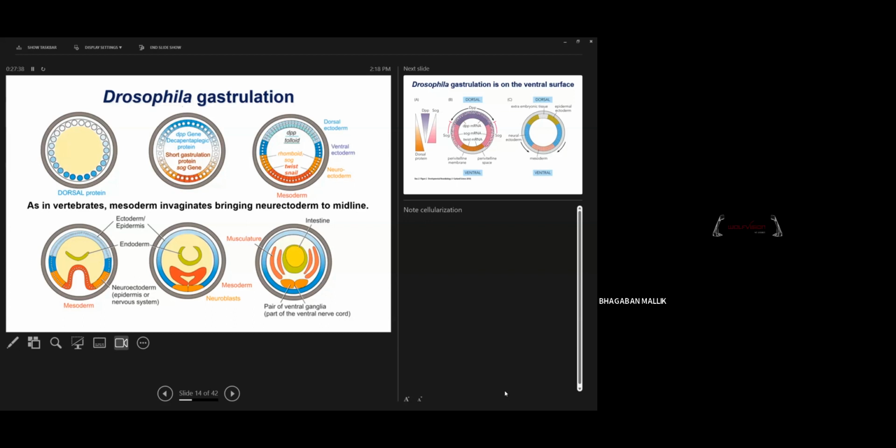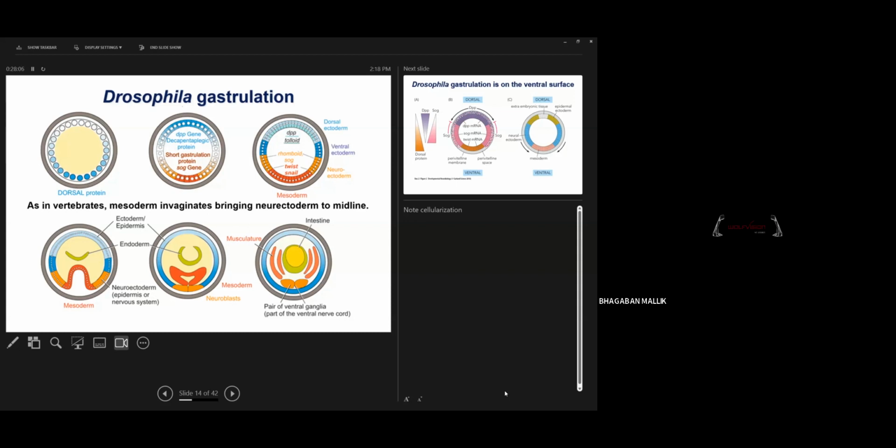These are the different steps of gastrulation. You have the accumulation of the Dorsal protein, and this is the ventral side and this is the dorsal side. You have accumulation of certain proteins on the dorsal and ventral sides during the development of the Drosophila embryo. You have accumulation of DPP, the decapentaplegic protein, on the dorsal side.